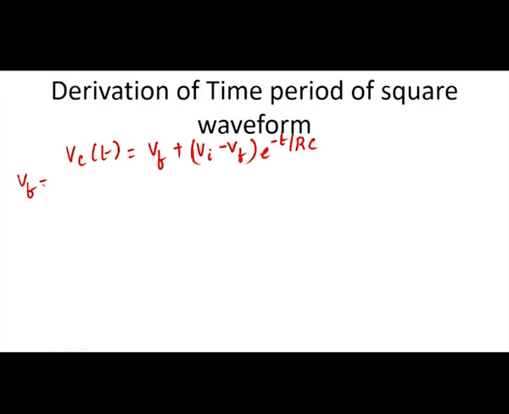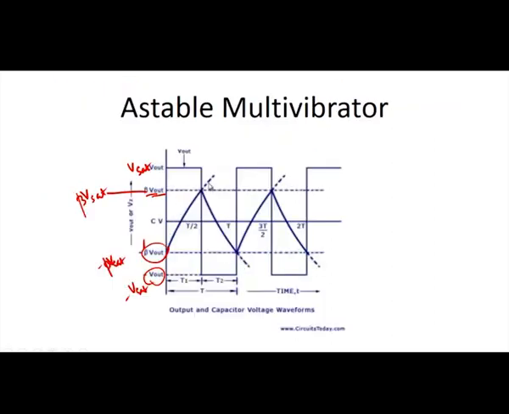Consider the final voltage. Vf is the final voltage, Vi is the initial voltage, Vc of t is the capacitor voltage from which we are going to calculate the time period of the output waveform. The final voltage is considered as plus V saturation, and so the initial voltage, when you look at the graph, is minus beta V saturation.